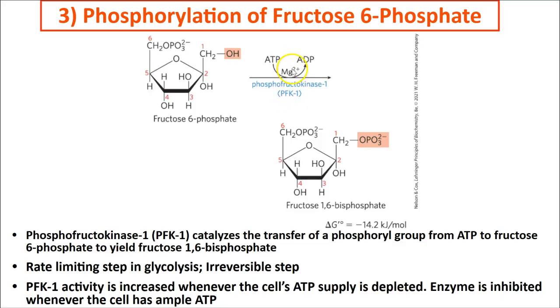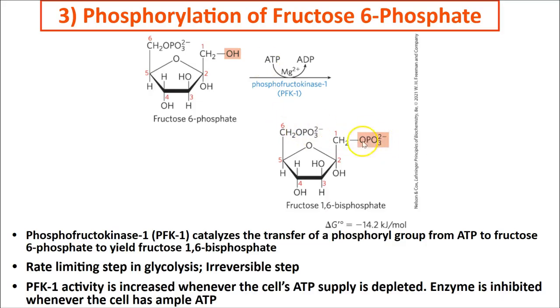It uses the magnesium cation to help shield things, and it utilizes ATP as a source for a phosphate group that will be transferred onto that fructose 6-phosphate to produce fructose 1,6-bisphosphate. So it got the 1 because of that 1 position of the phosphate group, and then 6 because of the 6th position of the phosphate group.